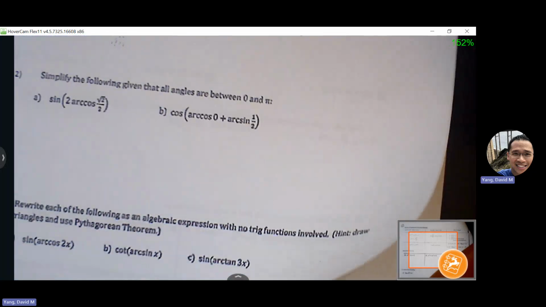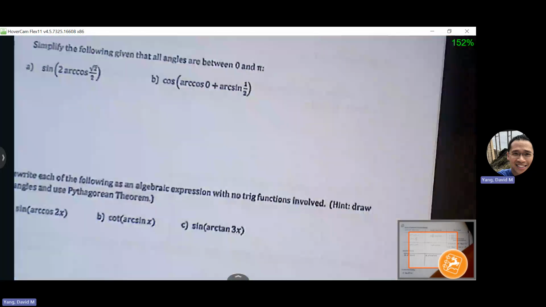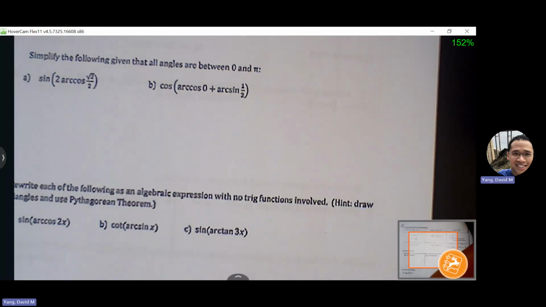We've gone through most of the packet, but I'm going to spend the rest of this class today and tomorrow highlighting a few problems, and then hopefully you can spend a few days to finish up for Monday. So let's look at page 13, number 1.